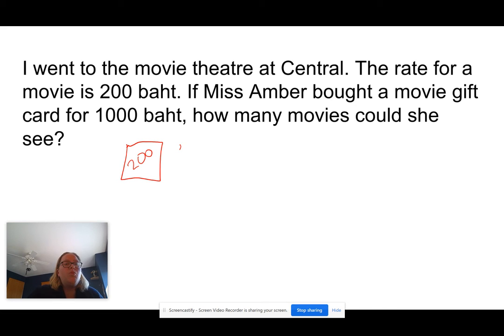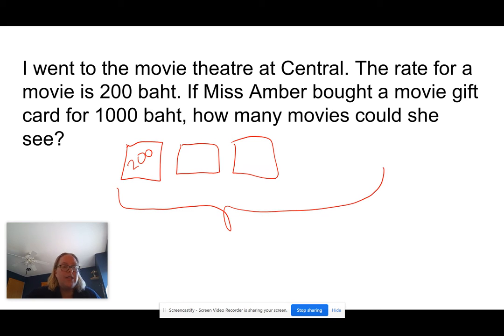We want to know how many movies she can watch when the total equals 1,000. But we don't know how many boxes there are. I could either draw it out like this and continue: 200, 200, 200. This is 200, 400, 600. Or I can divide it.